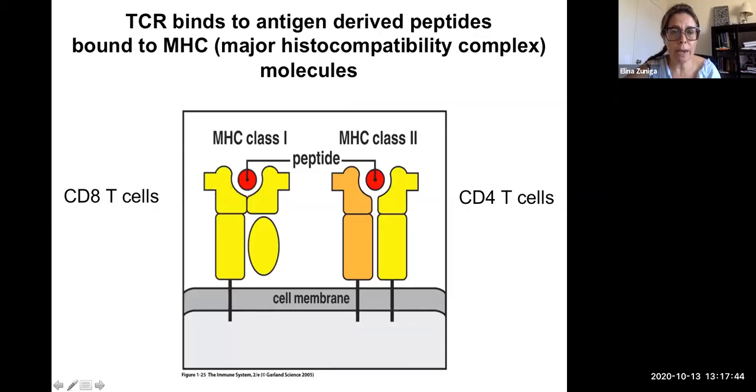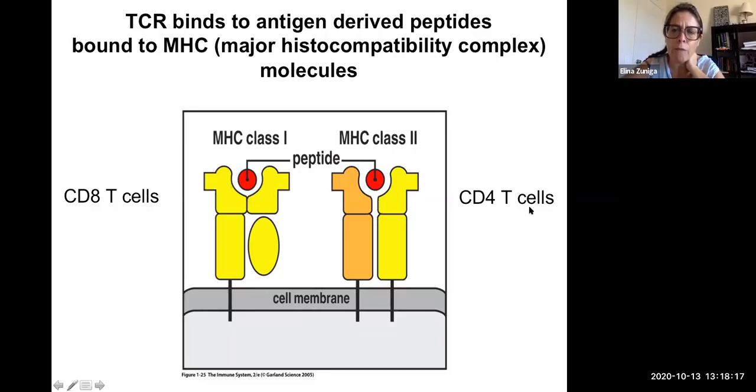And so here are shown the two types of MHC molecules that we have. MHC class 1 molecule will present antigens that are recognized by CD8 T cells. So CD8 T cells only see their antigens when presented in the context of MHC class 1 molecules.